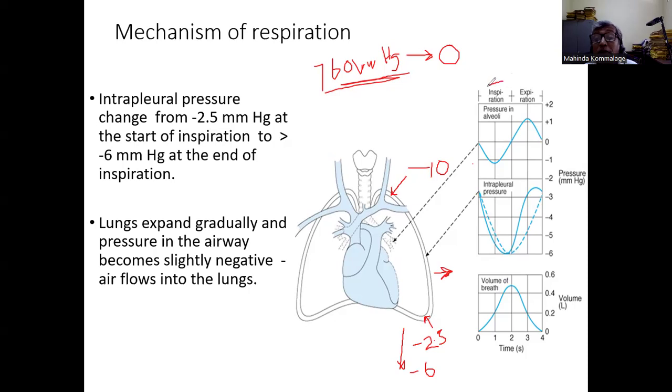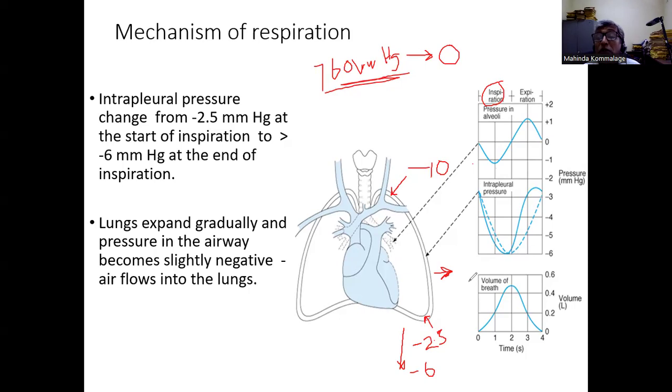Here you can see this is inspiration. Just concentrate only on this graph. Interpleural pressure at the beginning is -2.5, and it will go down to -6, because pressure reduces, minus value increases. I repeat, pressure reduces and minus value increases, -6.